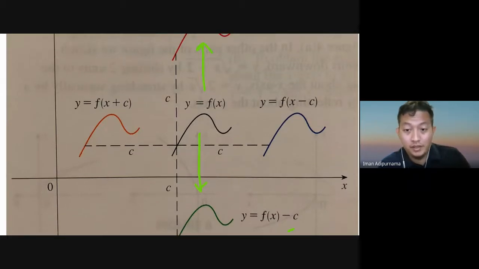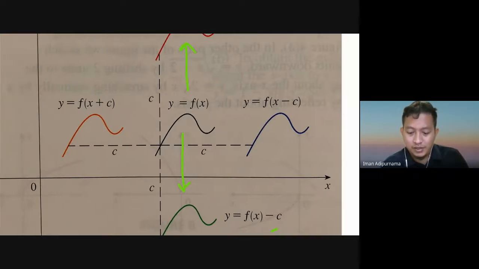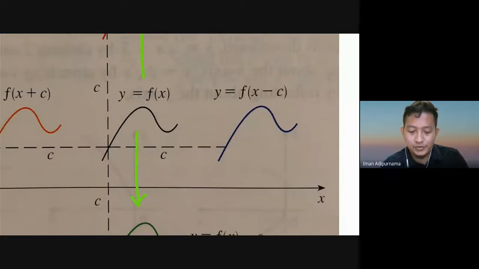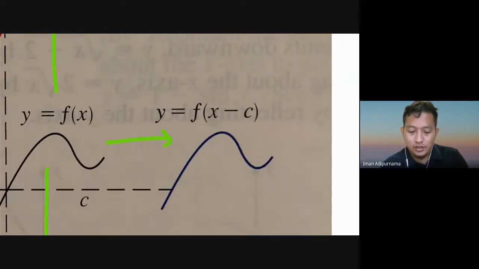And then this is, I think, most students forget the x-axis. Or sometimes if you're nervous, you will forget these simple things. If you move to the right, then you need to have x minus c.